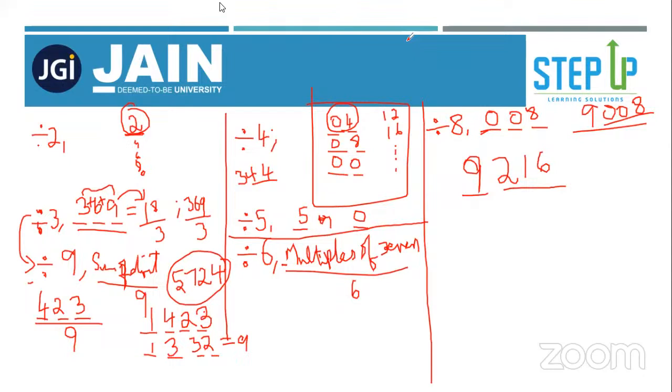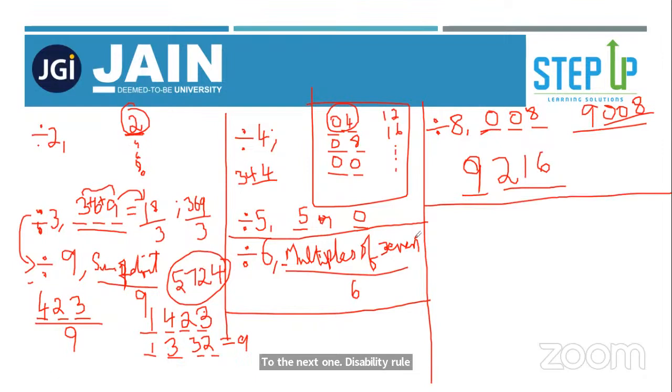Yeah, shall we go with the next one? Okay. So the next one is the divisibility rule of 10.